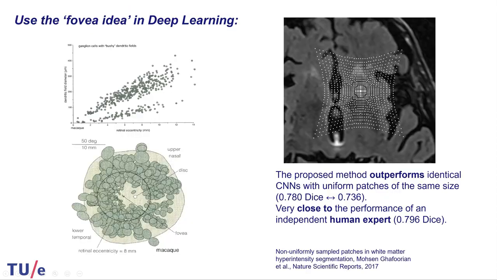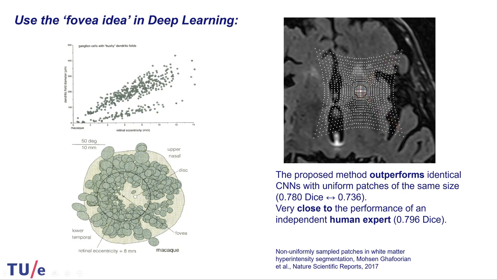And this was used by one of my colleagues, Bram van Ginneken, and his PhD students. They said, let's take a filter that is very tiny and sharp in the middle, but it gets coarser to the outside. So this is like our retina with a fovea.